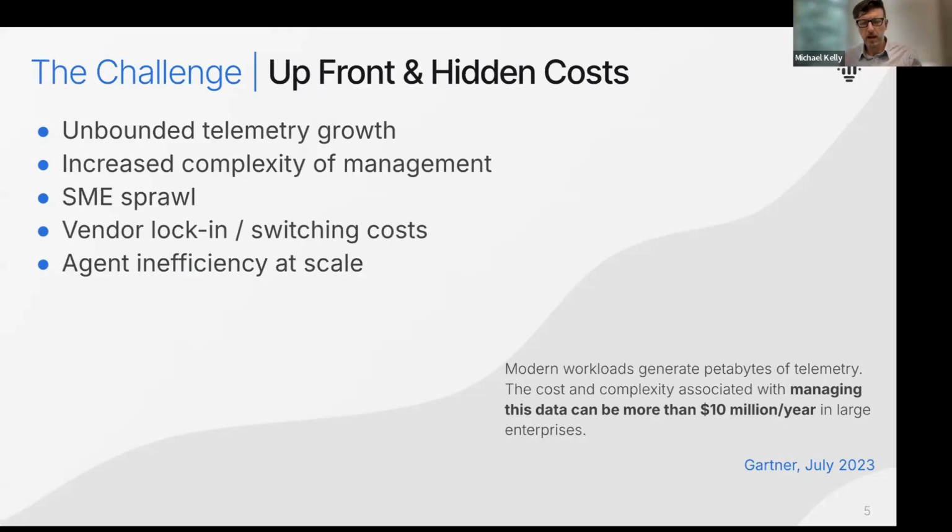What's typically hidden and maybe not as clear are some of these other costs that you'll run into. One is that you have subject matter expertise sprawl. So in a typical environment, as you expand what you're monitoring, you are using different tools, and each of those or each of the platforms requires a level of expertise. And it can be the expertise in managing the agents and how to ingest log telemetry or metric or traces.